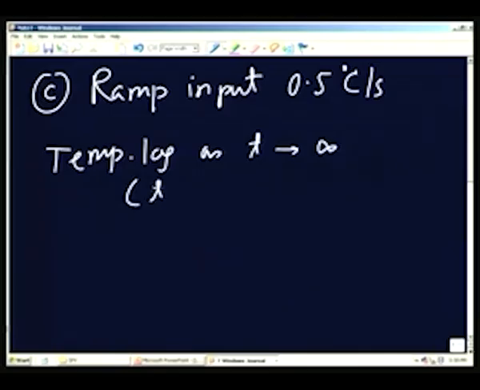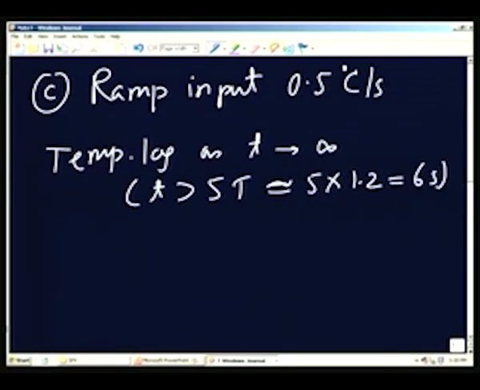In this case, t must be greater than about 5 tau, let us say, and tau is almost 1.2 second. This will be equal to 5 into 1.2 roughly, and this is about 6 seconds. For time greater than 6 seconds, you can expect the temperature to lag by an amount equal to R tau.